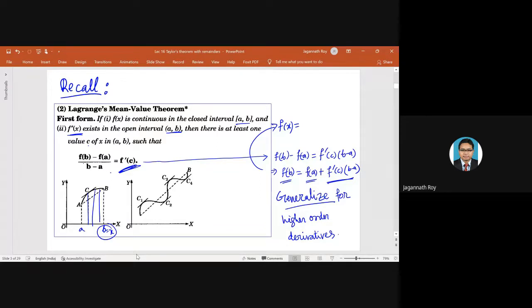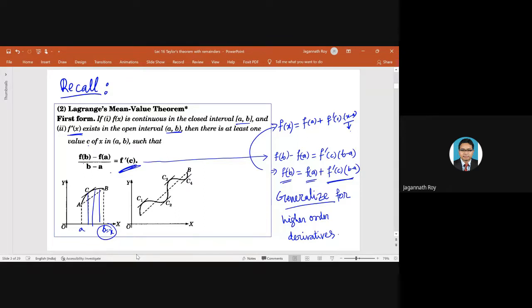So that remains f(a) plus f'(c) into (x minus a). Now you can see that x minus a is a polynomial of degree 1. This concept will be used just after some introduction of two examples.